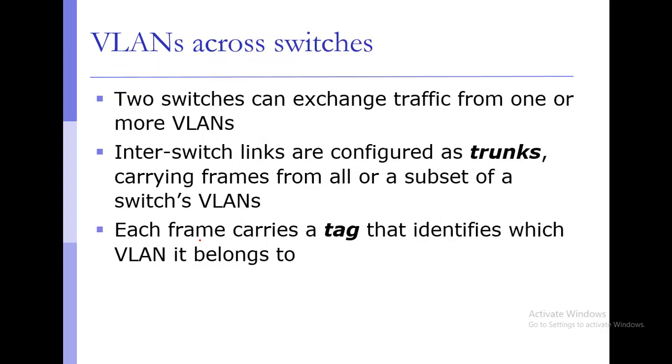So how can you know about that? There are some mechanisms by which you can actually know about the topology of the VLANs. Two switches can exchange traffic from one or more VLANs.